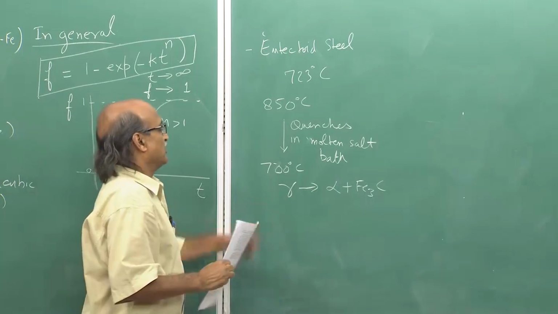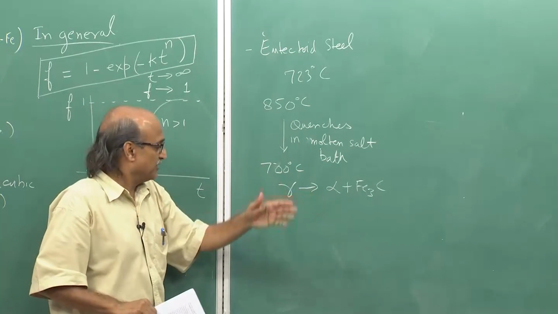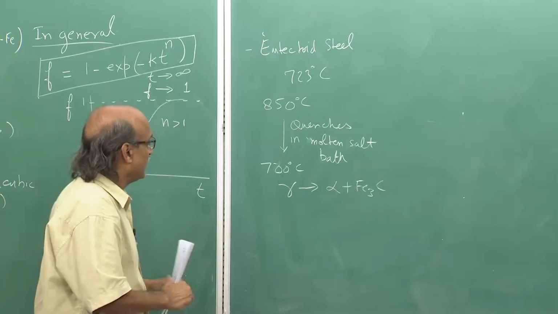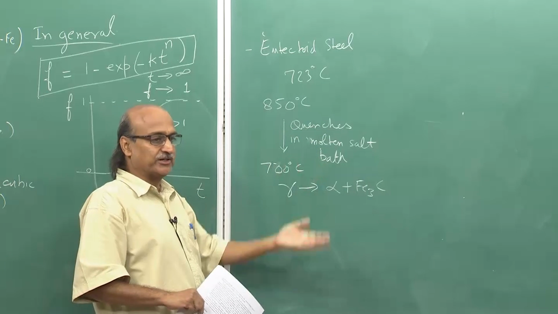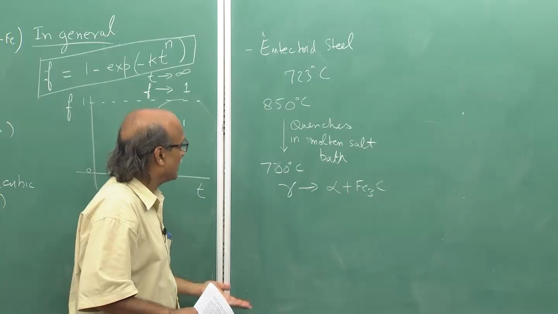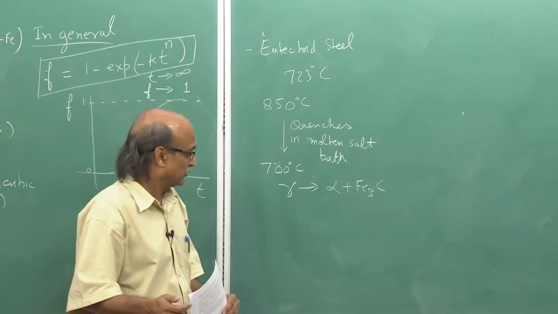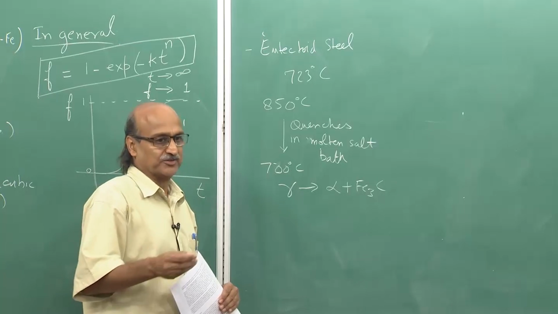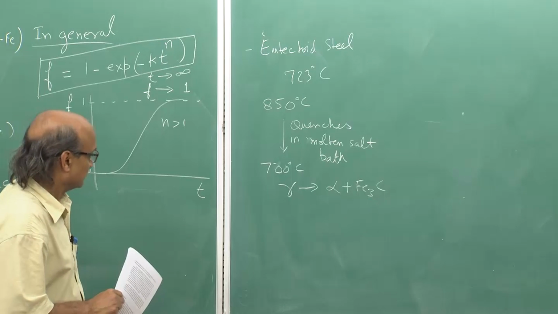So, one will have to quench several samples, each sample being kept at different times in the salt bath. So, you keep it for certain amount of time in the salt bath and then quench it in water. The idea of that is that the remaining austenite, the untransformed austenite, is made to transform to martensite, which is a metastable phase in the steel system.